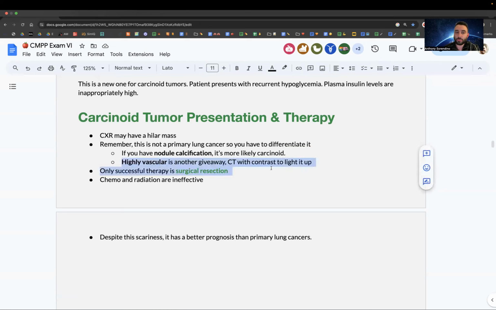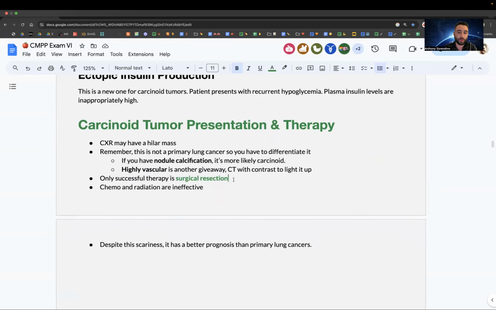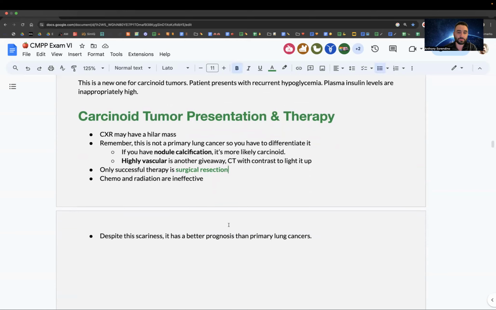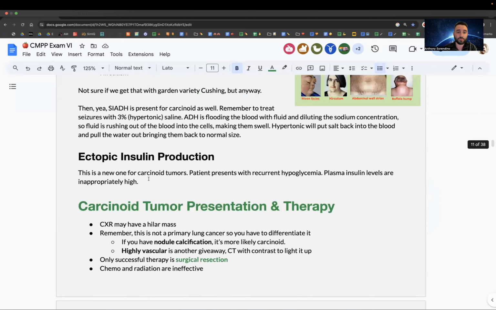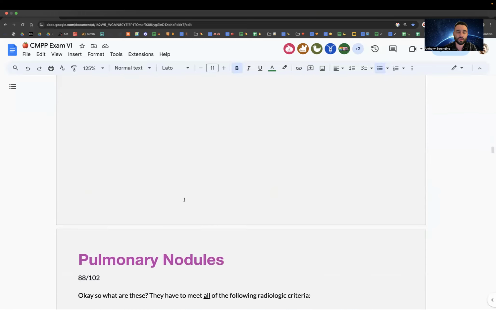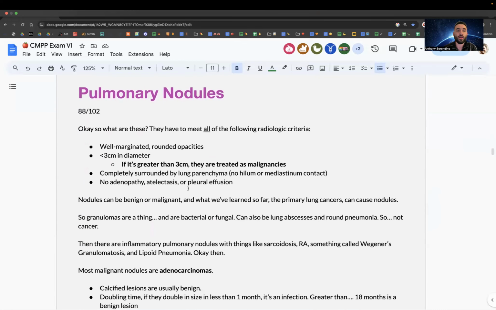Highly vascular, like we mentioned before, is another giveaway. You're going to do CT with contrast, and it should light up like a Christmas tree. The only successful therapy here is surgical resection. So no chemotherapy, no radiation here. And despite the scariness of all this, it has a better prognosis than primary lung cancer. So if you find this early enough and you take it out, then you should be okay.